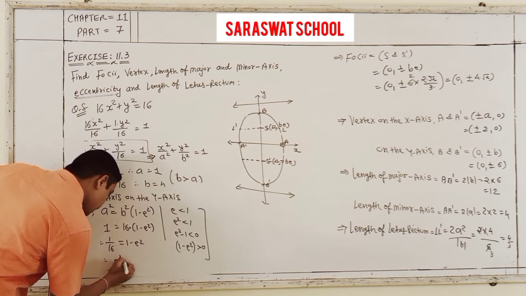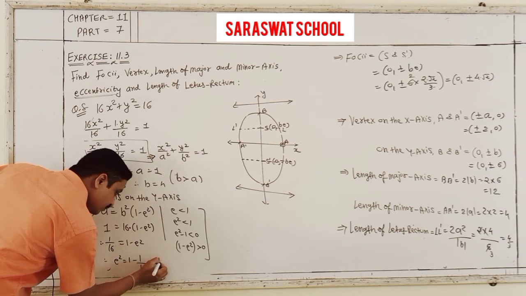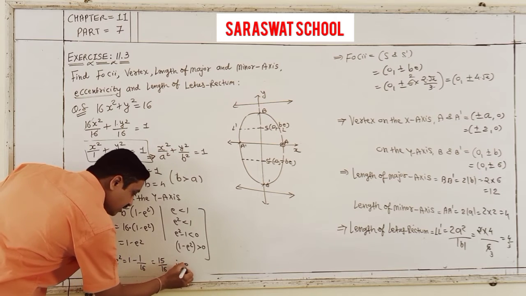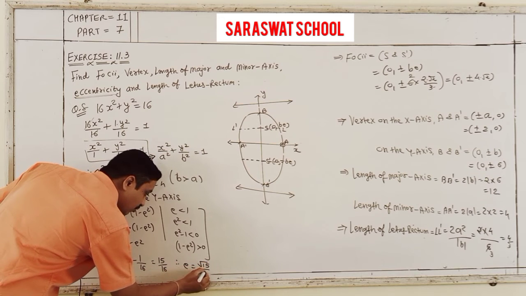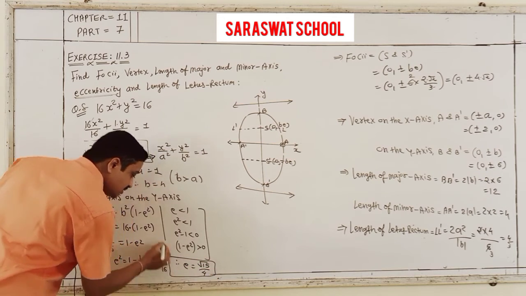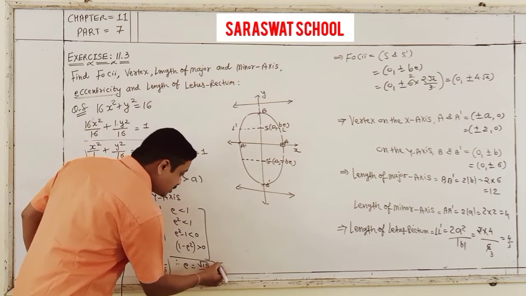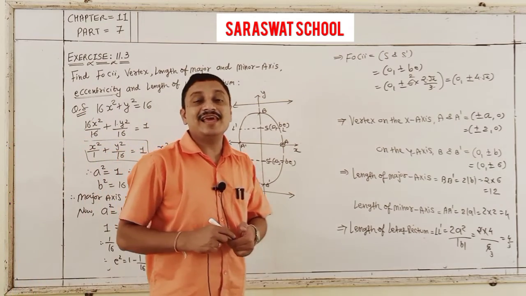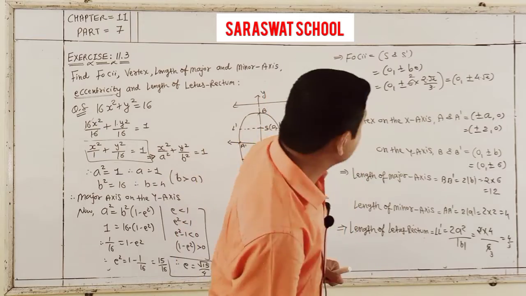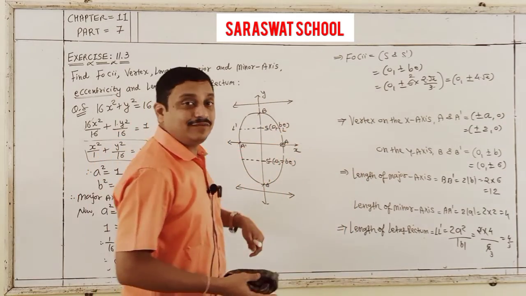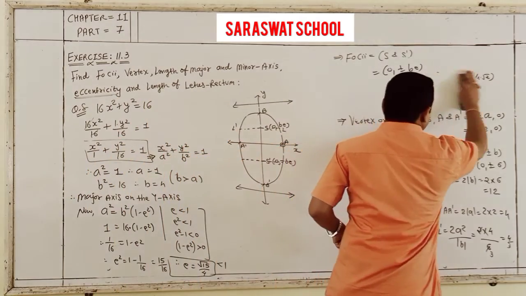So what is e square? 1 minus 1 by 16, it is 15 by 16. E becomes root 15 by 4 because of taking the square root. And check, surely it is less than 1. Now the further cases are seen because we already wrote them in the previous cases.